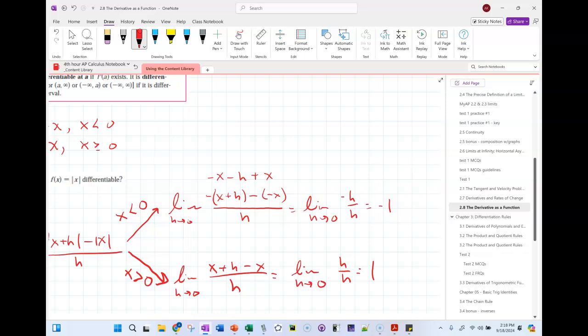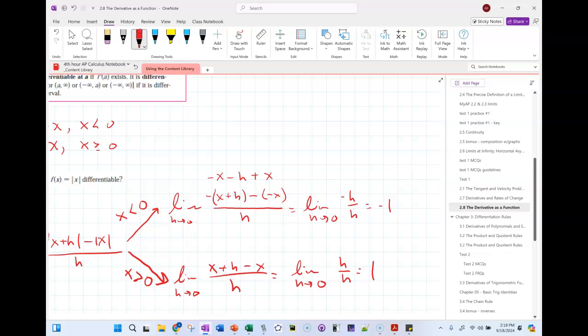Does everybody feel okay here? So when x is less than 0, is it differentiable? Yes. When x is greater than 0, is it differentiable? What about when x is equal to 0? No. Right? Why aren't we differentiable when x is equal to 0?